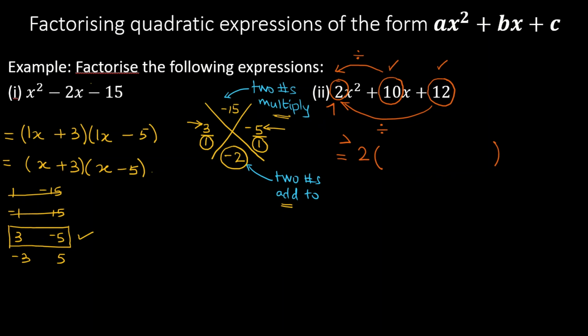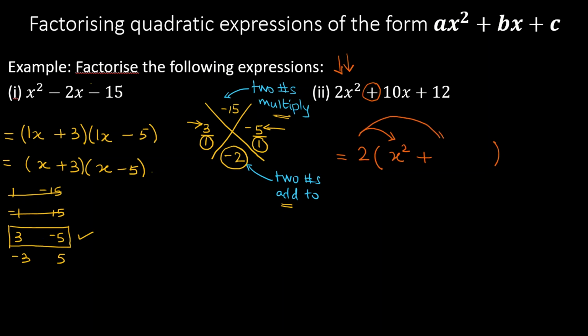The first term is 2x squared. Let me remove this. Since the first term is 2x squared, 2 times x squared gives 2x squared. You have your plus here, insert the plus. 2 times what gives positive 10?